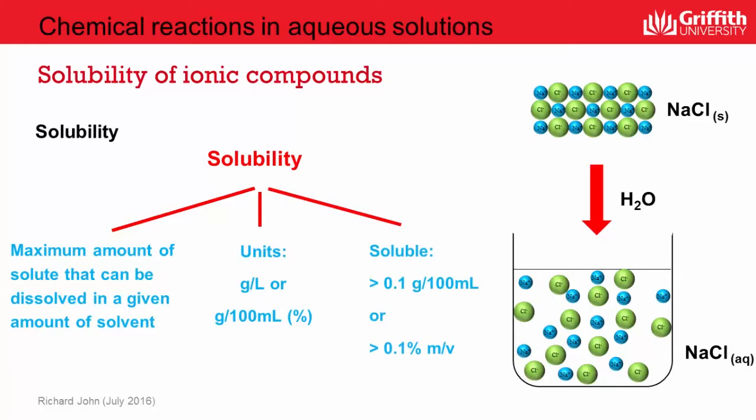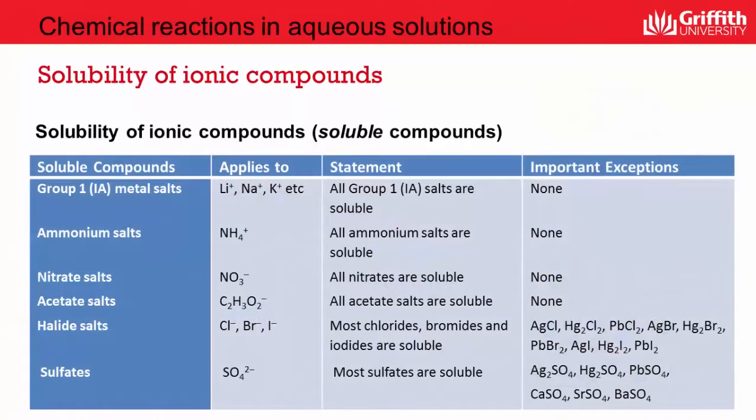In order to be classed as soluble, a compound must be able to be dissolved in water at greater than 0.1 grams per 100 mils, or greater than 0.1% mass per volume. This table here shows a list of soluble compounds, and in effect tables like this we can refer to as our solubility rules.